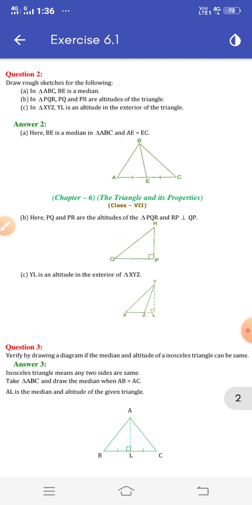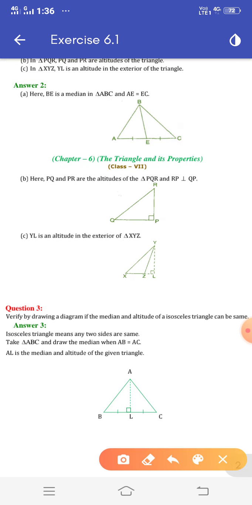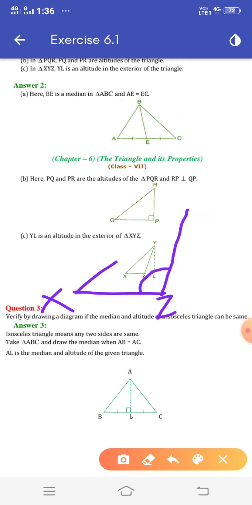Obtuse angle means it is greater than 90 degrees. So first of all you have to draw XZ. Okay, draw an angle of 100 degrees on this. Now join this line, name it Y, and you have to draw the altitude YL.